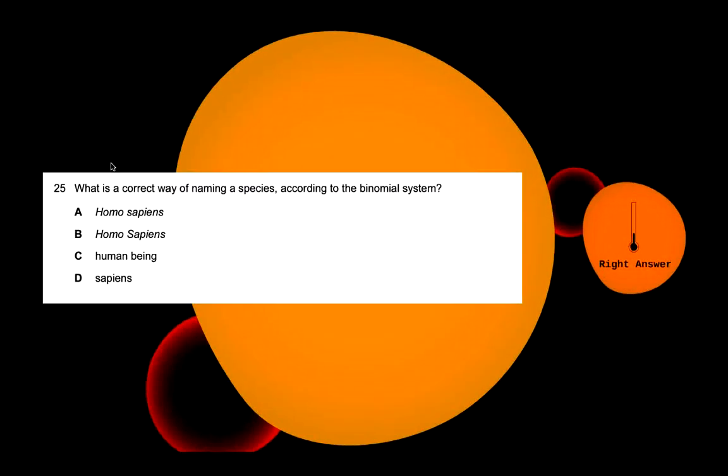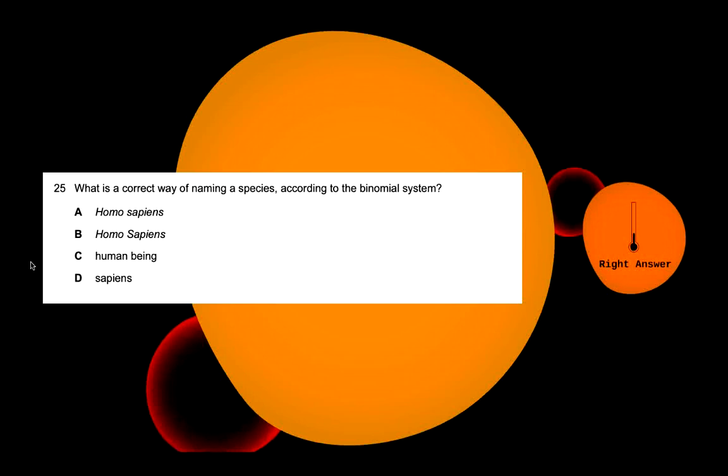Next is question 7. What is the correct way of naming a species according to the binomial system? If you can recall, I already had a short discussion on this specific topic, which is the binomial system. In this case, we always start with the first word. The first letter of the first word or name is in capital.